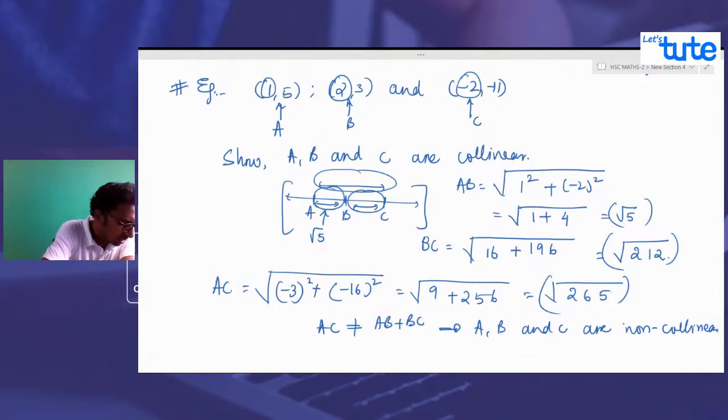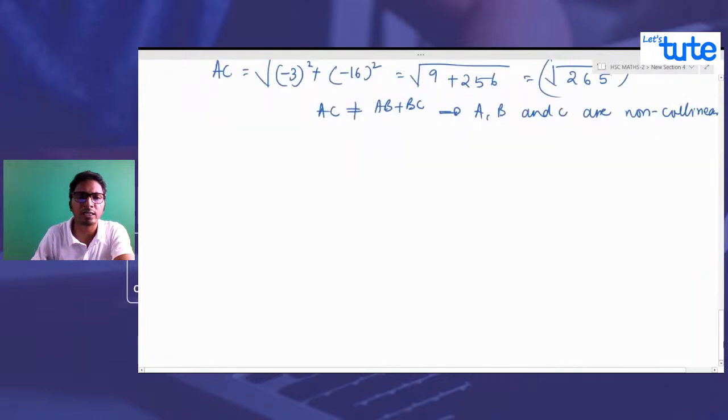Let us take some more examples. Okay, so there are different types of examples available with me. I can use one by one.